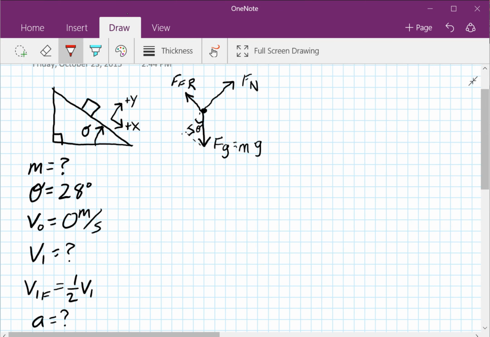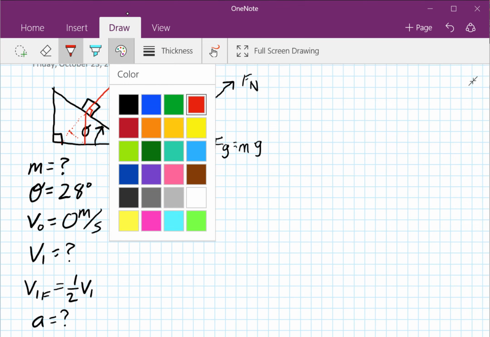If you draw the force of gravity going straight down like this, and you know the normal force goes perpendicular like that, then this line would go straight down. Then if you connect this, the line would be parallel. Let me change that to green.